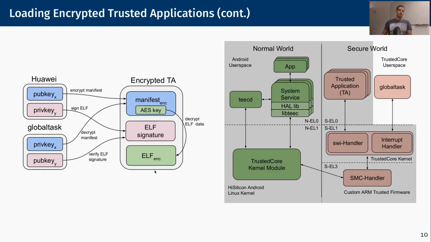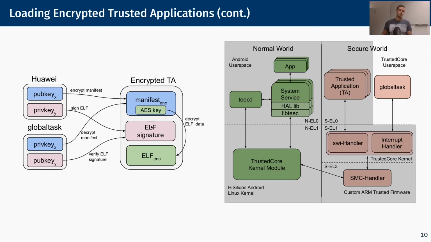And there are 2 keys available to global tasks during this loading process. This private key in blue here that is used to decrypt the manifest. When this manifest is decrypted, global task has access to this AES key that it can use to decrypt the ELF file here.